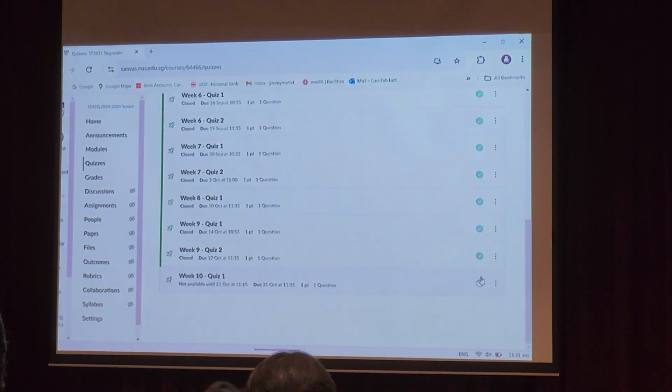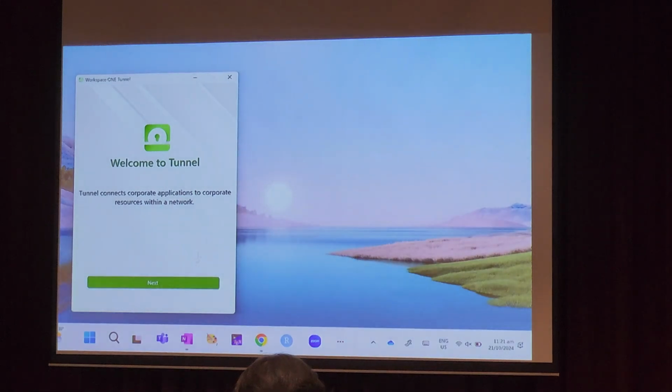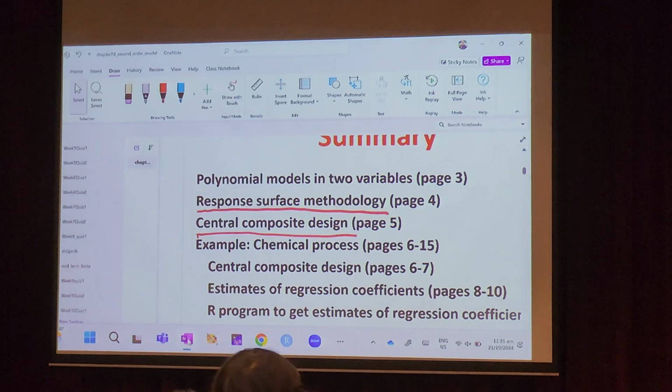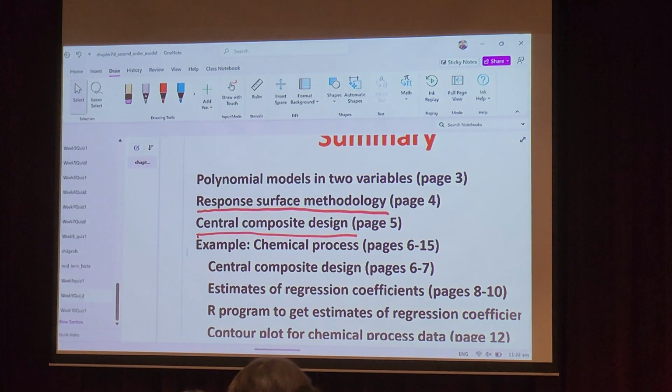Let me turn on this one first. I set it at 15 to turn on. Okay. All right, it's on now. The quiz today is quite simple.